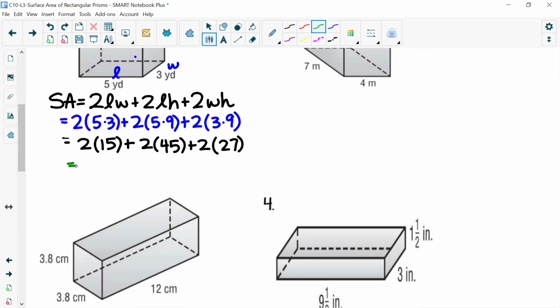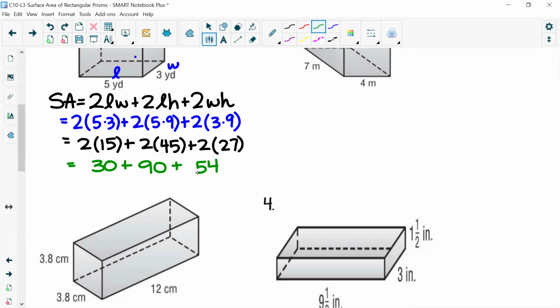So now I'm going to have 2 times 15 is 30, plus 2 times 45 is 90, plus 2 times 27, excuse me, 2 times 27 is 54.